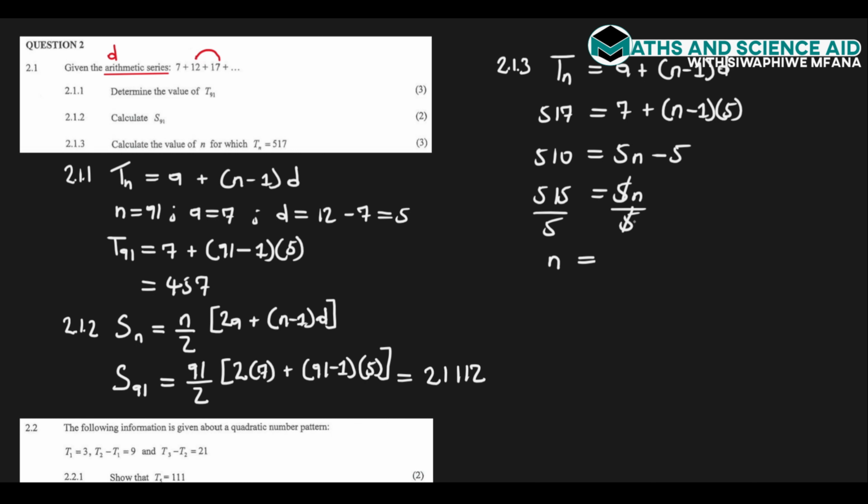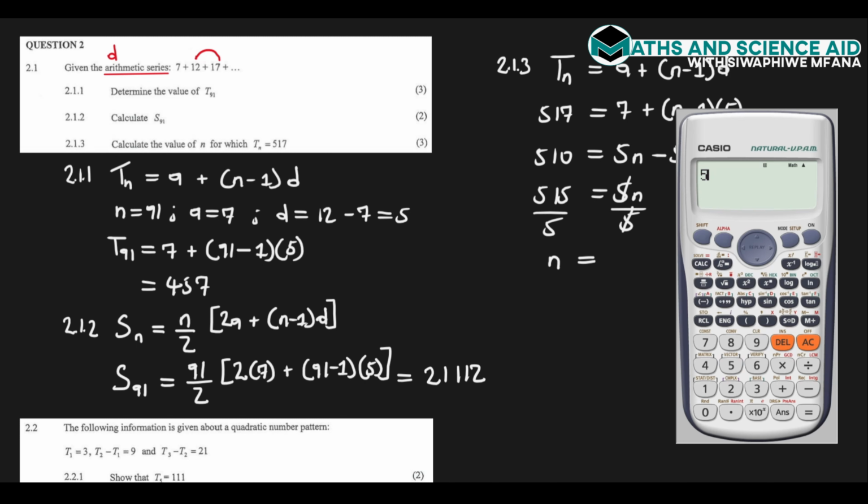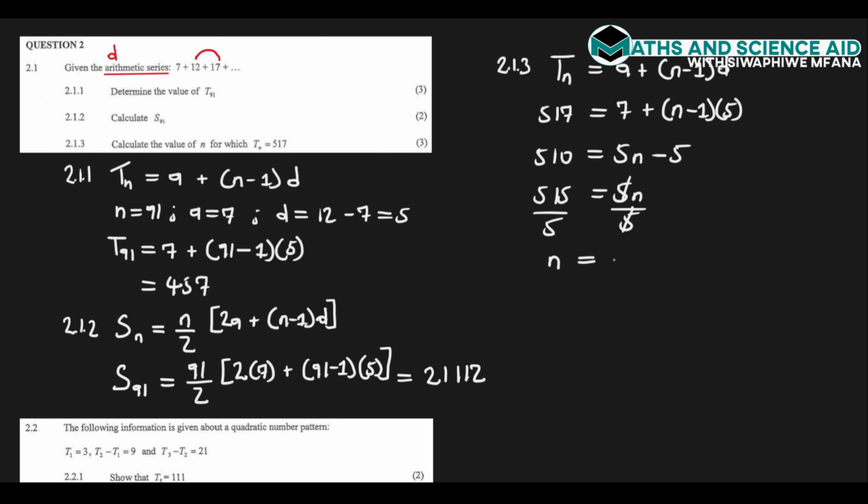What is 515 divided by 5? I'll just take out the calculator again. 515 divided by 5 is equal to 103. The value of n is 103.